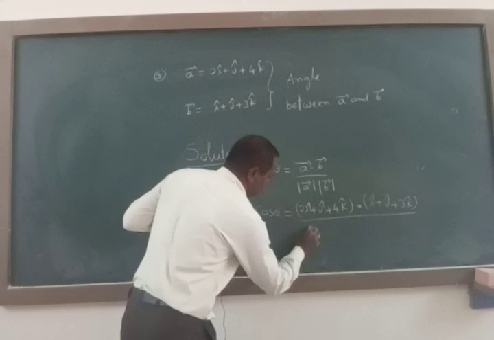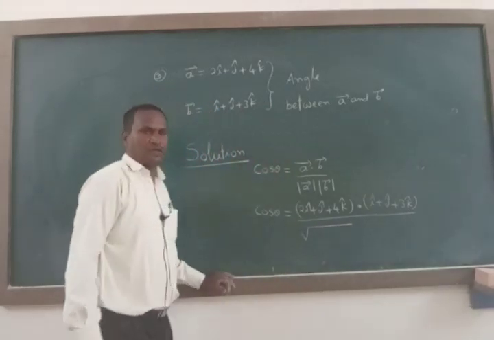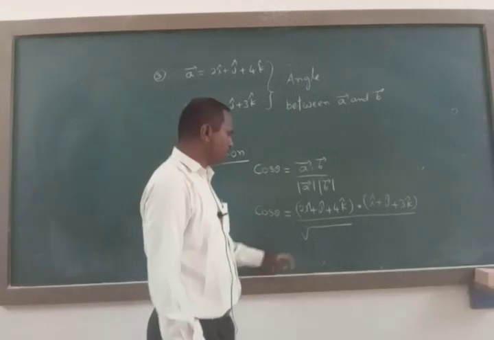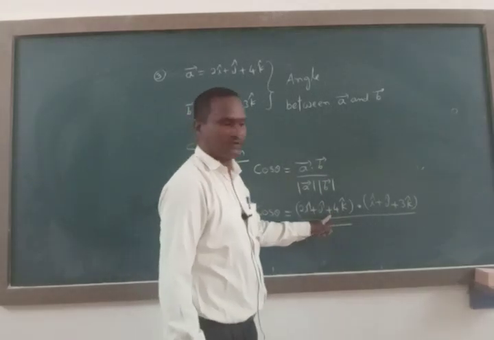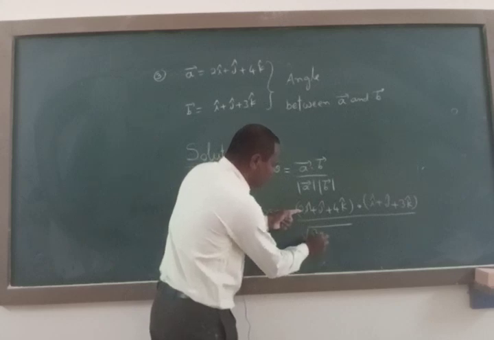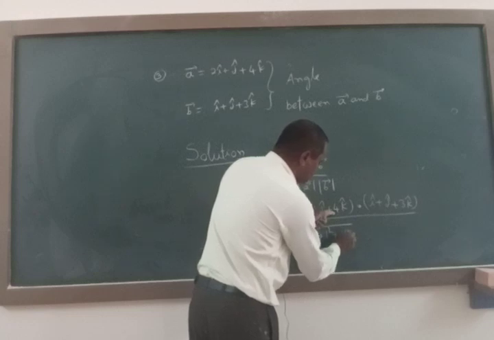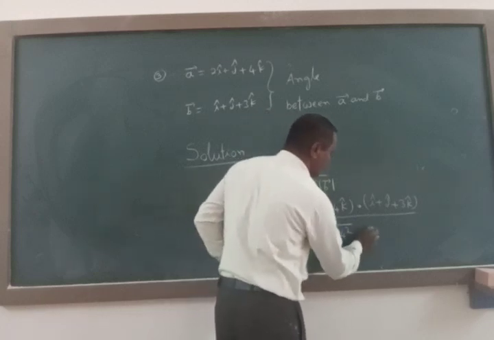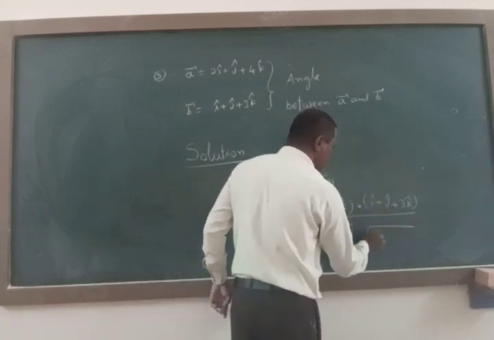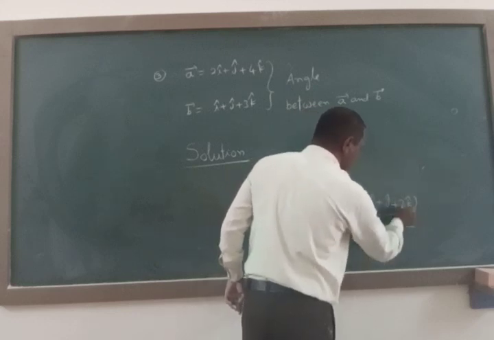Already I told the magnitude means square root of i cap coefficient square plus j cap coefficient square plus k cap coefficient square. That is square root of 2 square plus 1 square plus 4 square, into square root of 1 square plus 1 square plus 3 square.